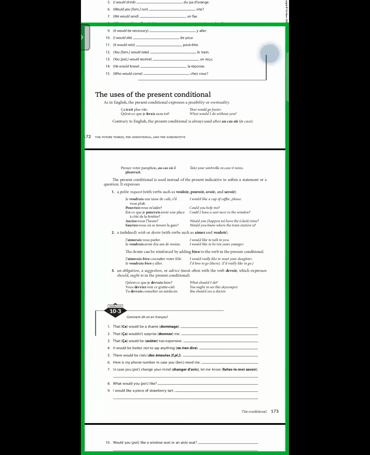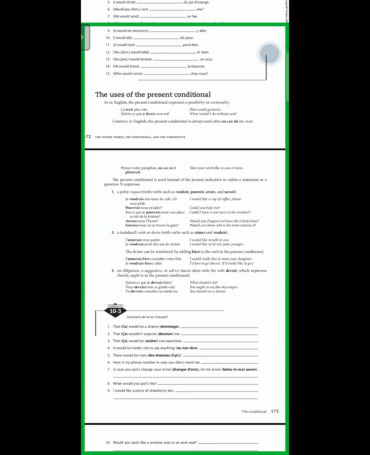So this is used for polite request, instead of the indicative. Number two, a subdued wish or desire with verbs such as aimer and vouloir. J'aimerais vous parler. I would like to talk to you.